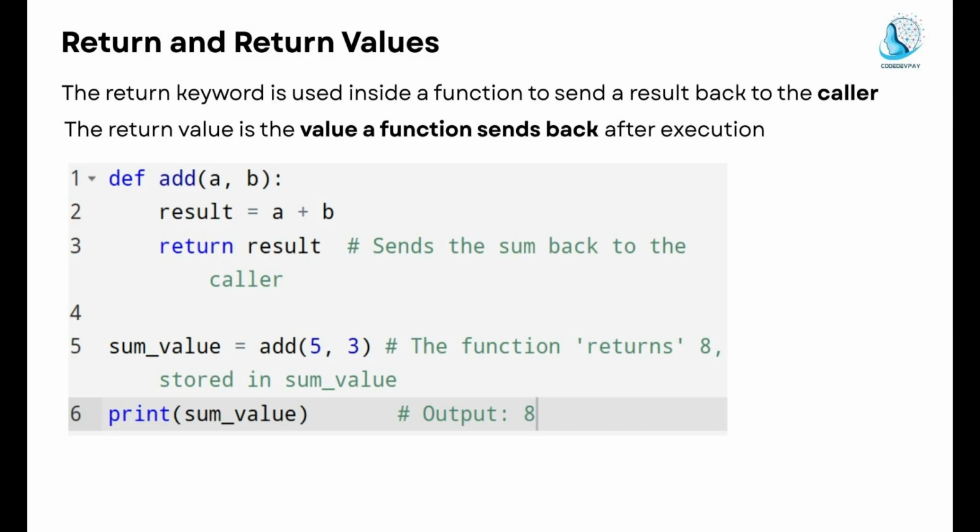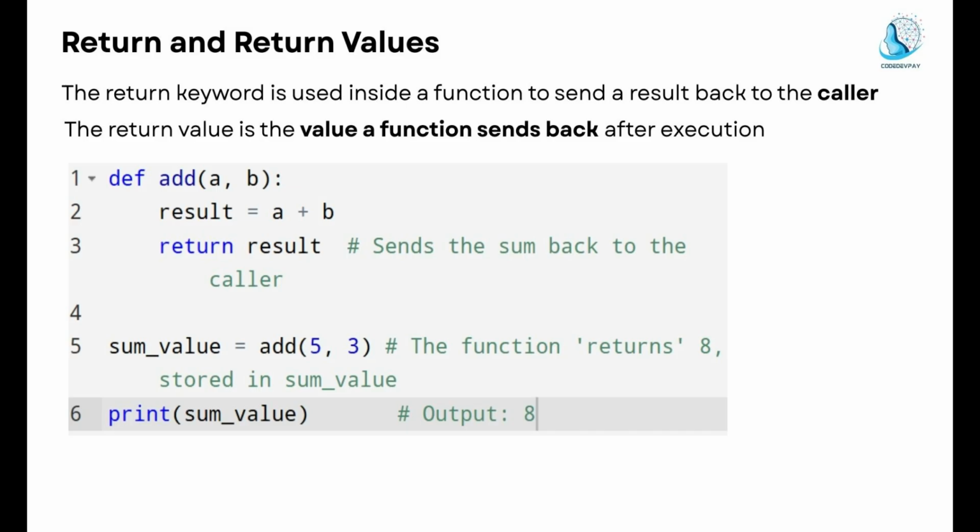The return value is the value that the function sends back after executing whatever is inside the code block. With the example here, we've created a new function called add, and then we've used the parameters a and b. Inside the function, we've created a variable where we want to add the values passed to a and b, and then we are going to return the results value.